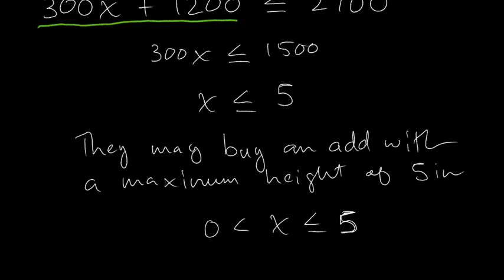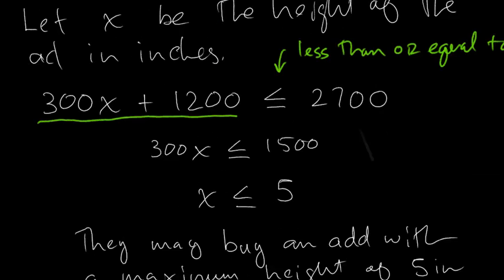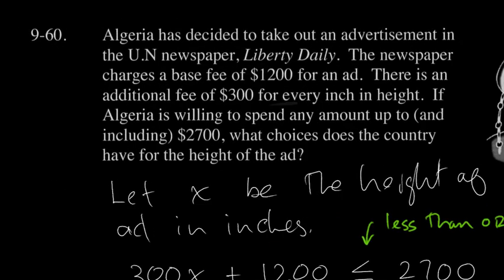Otherwise, you're paying $1,200 and not getting any advertisement at all. I don't think the answer in our textbook has this, but I'm offering it because it makes sense: the size of the ad is bigger than 0, but less than or equal to the maximum of 5. All right, so that's it for question 60.